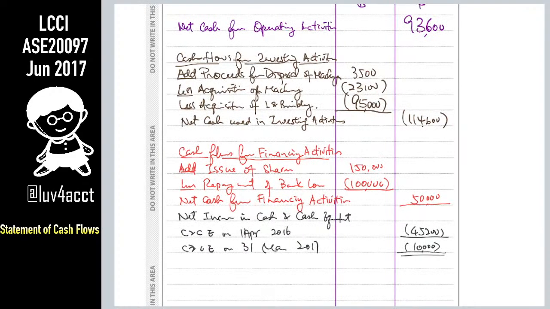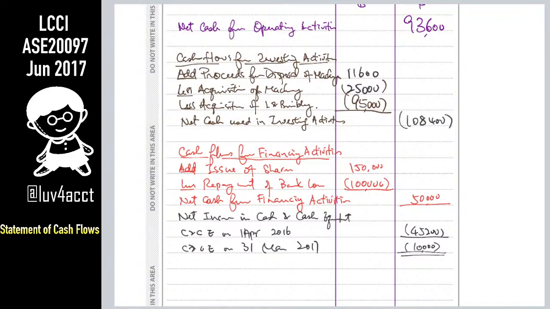Okay, here, let us come back. These two items, and these two. So proceeds 11600, purchase 25,000. 11600 minus 25,000 minus 95,000 will give you 108,400.